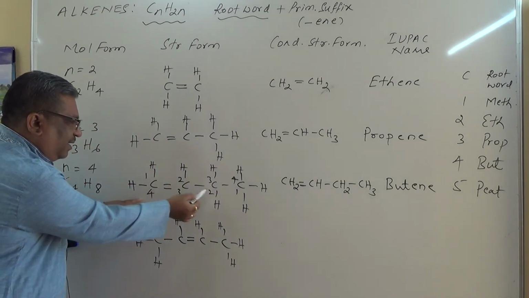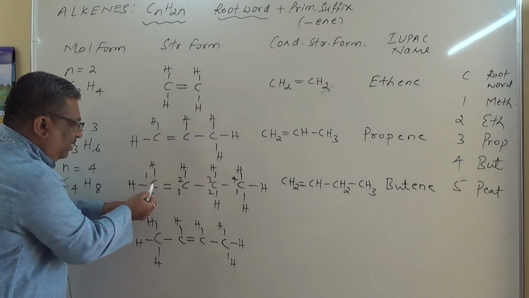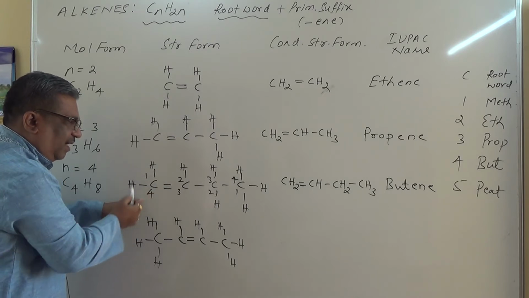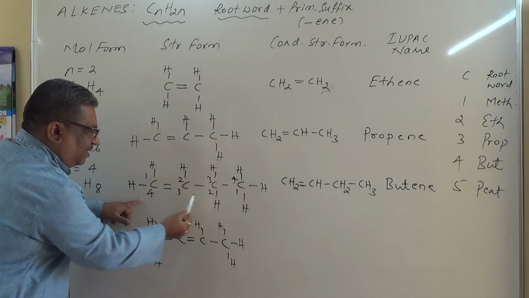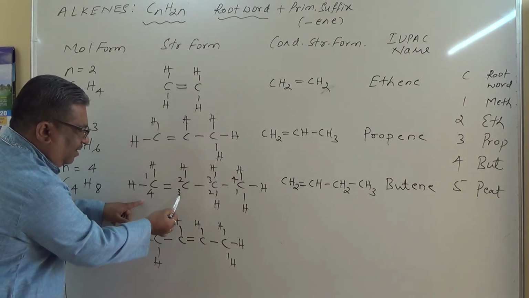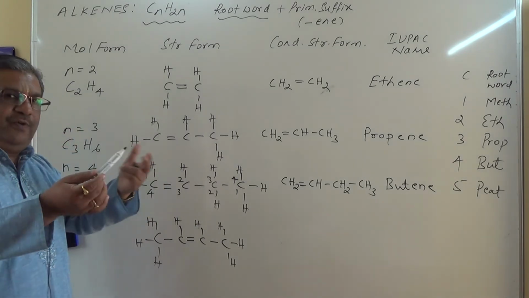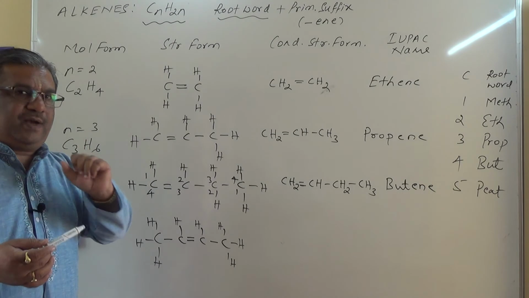Here, in this case, from the top side, the first carbon atom is the one to which the double bond is attached. But if I read from the lower side, then it is the third carbon atom to which the double bond is attached. Just before the double bond, the carbon atom is to be counted.